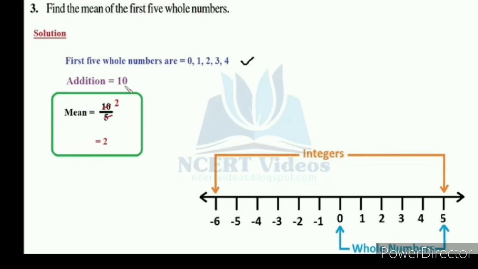If we add all these 5 numbers, we'll get 10, because the mean formula is sum of observations by total number of observations. Now 10 by 5 gives 2, which is the arithmetic mean of this data. Copy down.